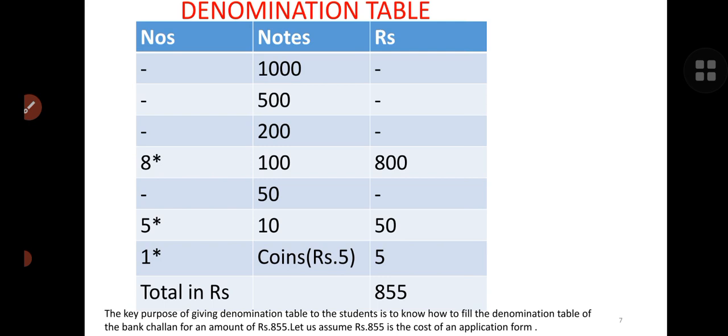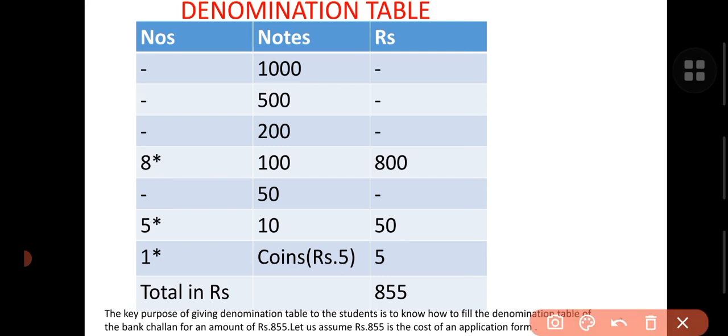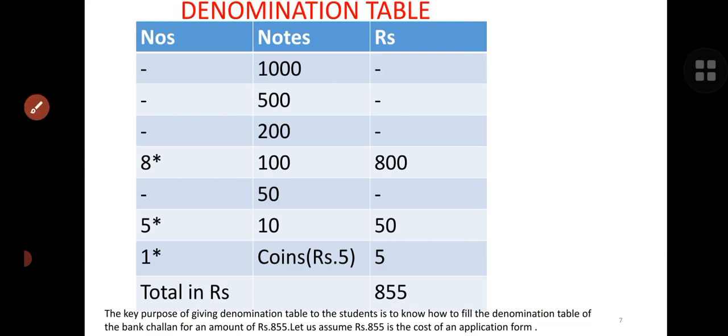The key purpose of giving the denomination table to the students is to know how to fill the denomination table of the bank challan for an amount of rupees 855. Let us assume rupees 855 is the cost of an application form.